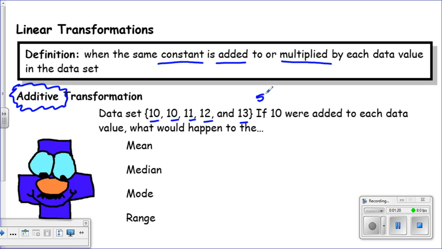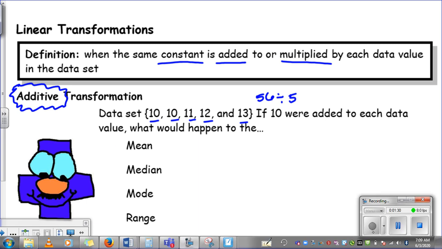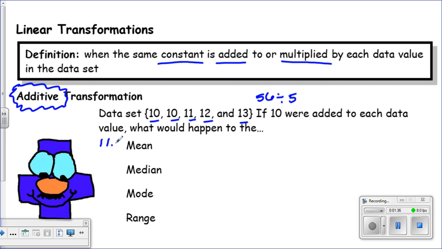So here we have 56 divided by 5 values, which is 11.2.